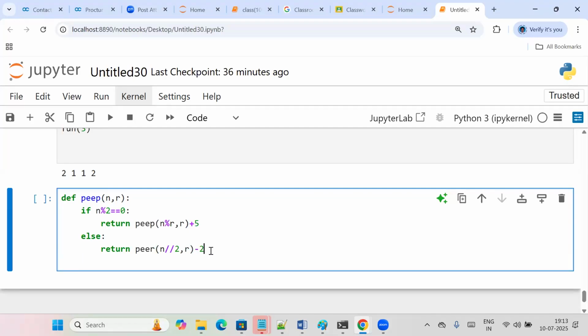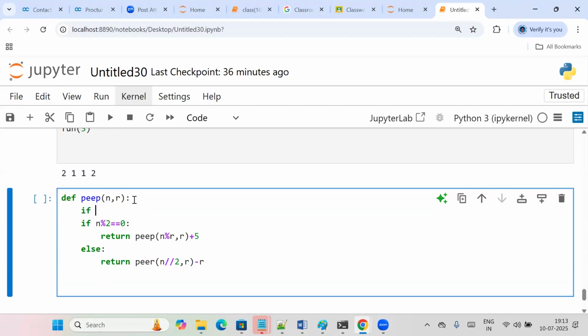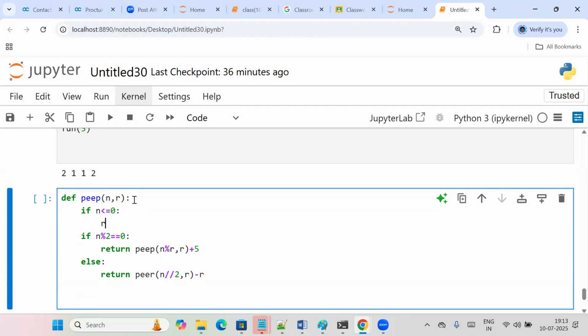Or I will make it minus r. And if n is less than or equal to 0, it will directly return 0.